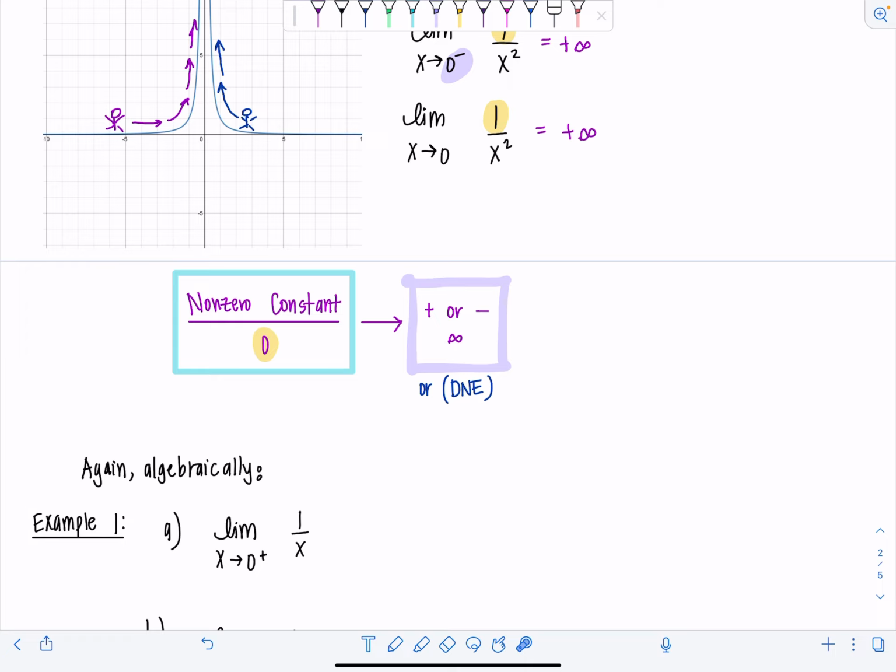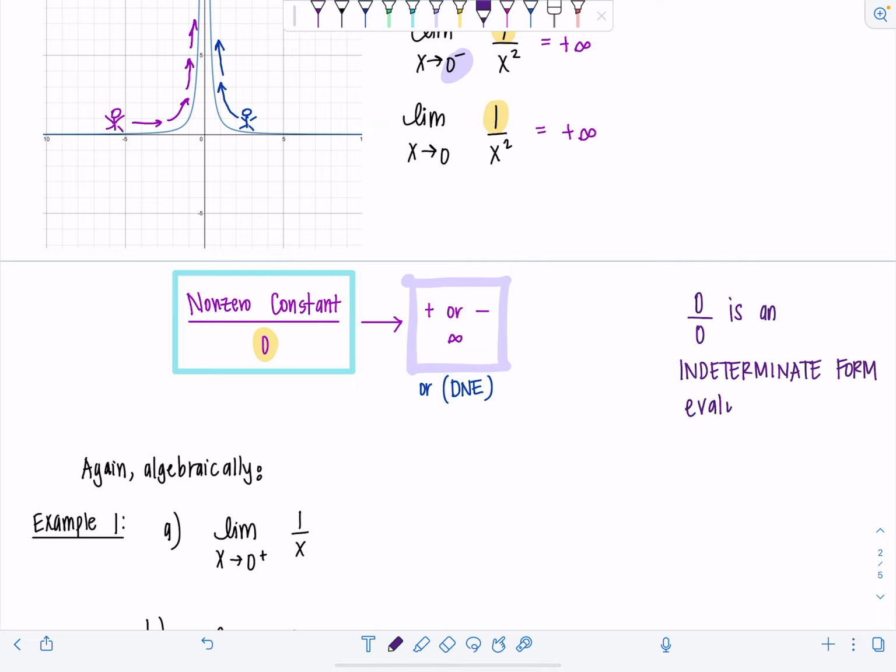Okay. Now notice here I wrote a non-zero constant in the numerator, because if the numerator approaches 0 and the denominator approaches 0, this is what we call an indeterminate form. And so the method for evaluation that I'm going to show you right now does not apply.